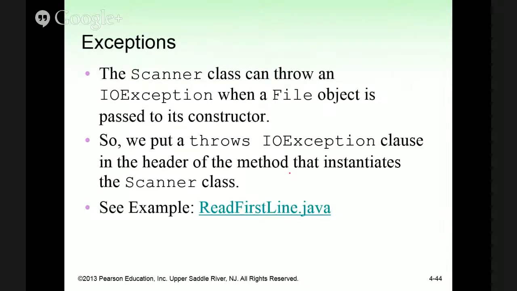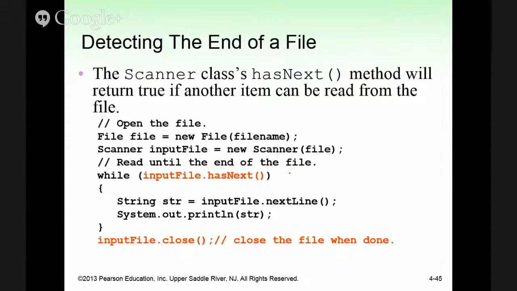Questions on that? We can also detect the end of the file with the hasNext method. In this example, we're continuously checking to see if the file has more information with the hasNext method, and if it does, we keep reading lines of text using the nextLine method.